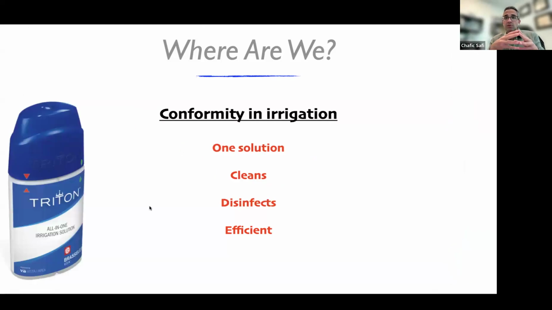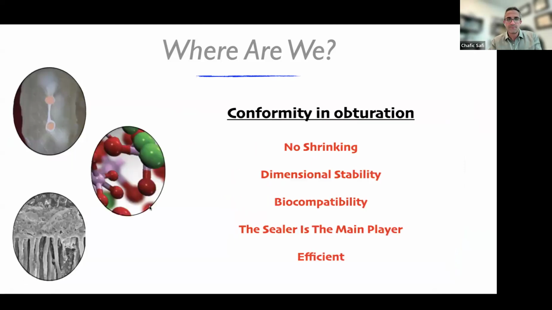We are also conforming our irrigation techniques to the anatomy of the root canal system using less armamentarium, less material, making it faster, easier, with one solution that cleans and disinfects in an efficient manner.